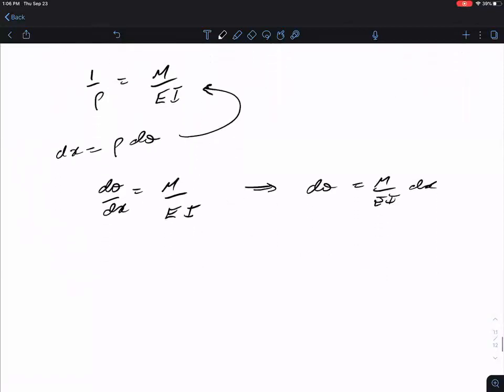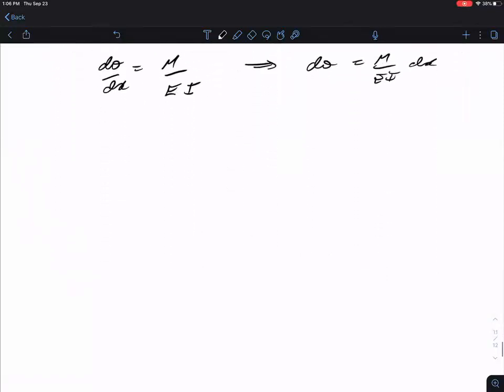Now, from calculus, we know that the curvature can be expressed in terms of the displacement in the local y direction, right? So we know that the curvature, or 1 over the radius of curvature, is given by this expression.